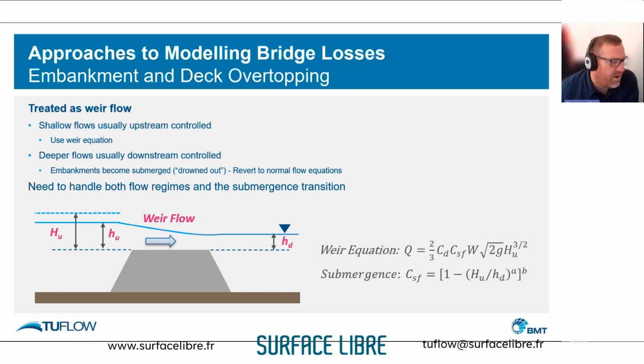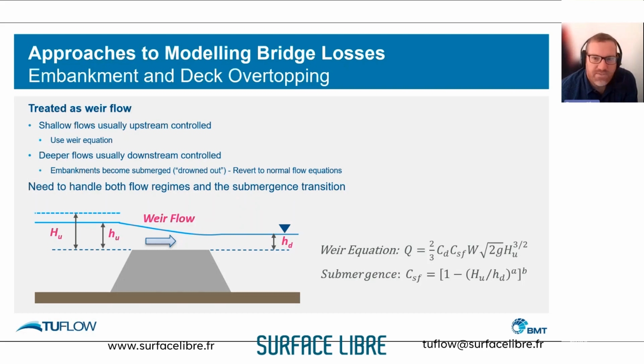Then as our downstream depth increases, the weir starts to become drowned out, and we start reverting to the normal flow equations. So we need to handle both flow regimes, upstream and downstream controlled, and also the transition as we submerge the deck and those embankments. It's fairly standard for 2D software to model this automatically.